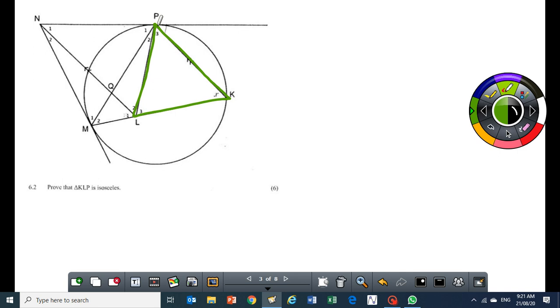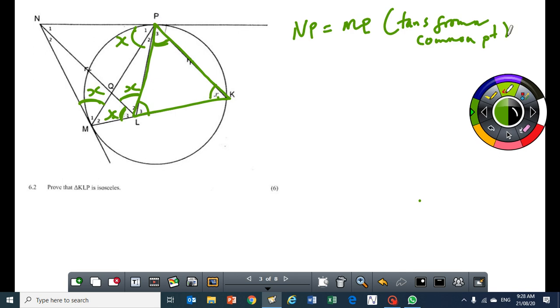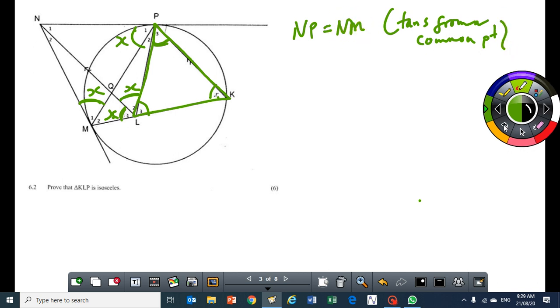So we already have angle K equals x. Before we carry on, that's NP and NM. Now why am I writing this?